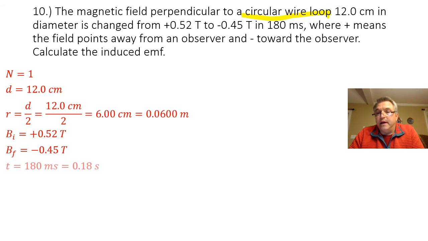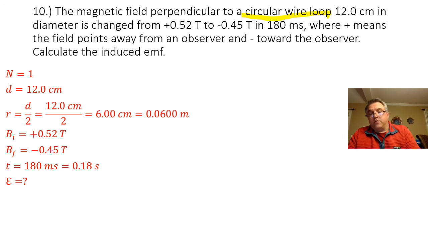And the time it takes to go from its initial to its final value is 180 milliseconds, which when converted to seconds will be 0.18 seconds. And they're asking us to find the induced EMF. So we're solving for EMF.